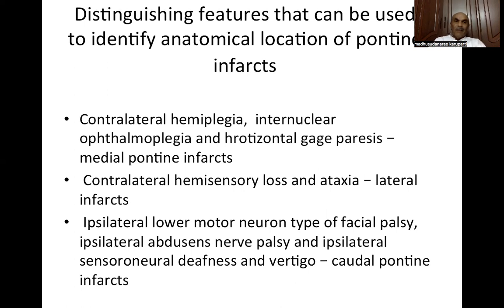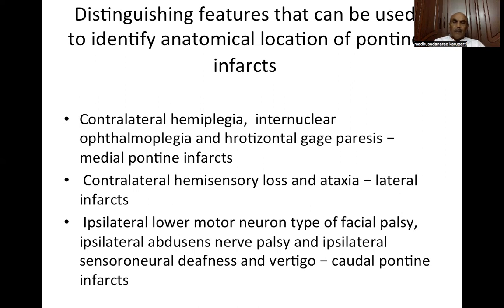So, well, that concludes the clinical presentation of the various infarcts involving the pontine stroke. To sum up, the distinguishing features that can be used to identify the anatomical location of the pontine infarcts are as follows. Number one, contralateral hemiplegia with internuclear ophthalmoplegia and horizontal gaze paralysis.